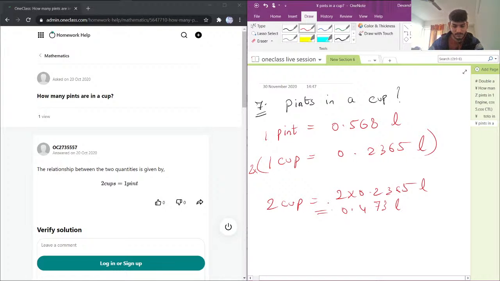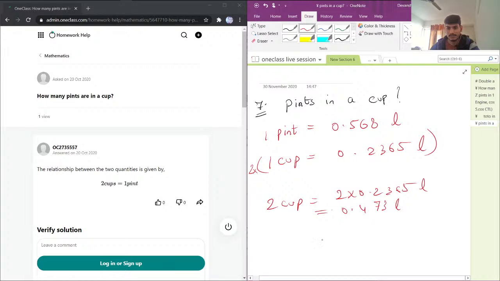Now I haven't converted in exact numbers, but we just verify if this is correct or not. So actually I have taken up to the third decimal place, therefore there are some errors here.